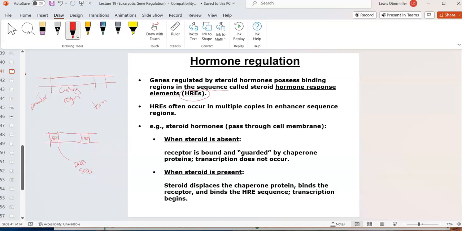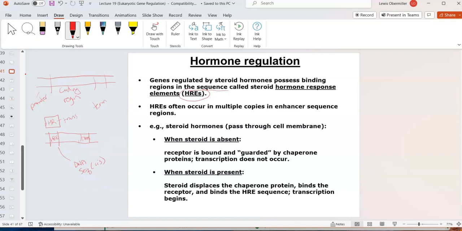These can be promoter distal or promoter proximal, but they're usually not enhancers or silencers, although they could be. And so that binds the hormone receptor, which is a protein. It's a trans element. This is a cis element.